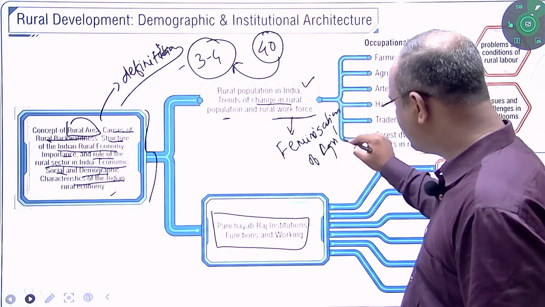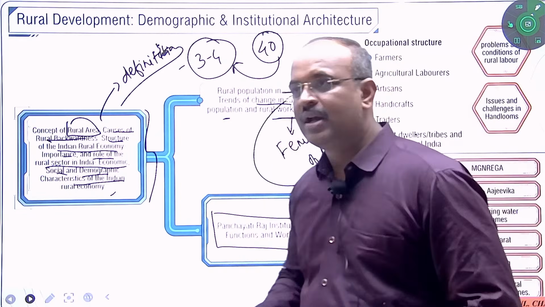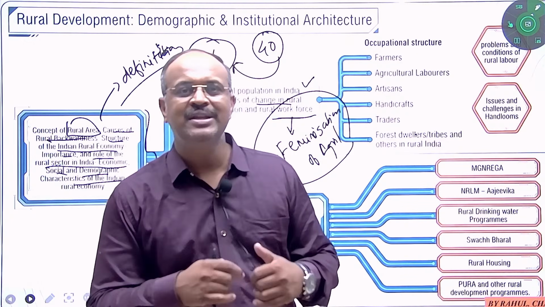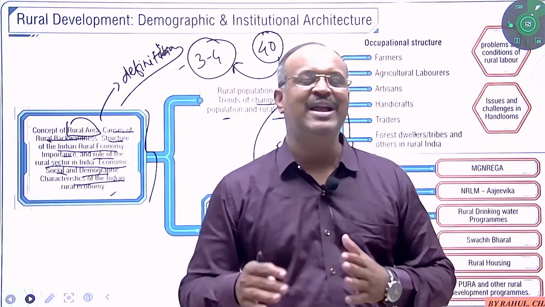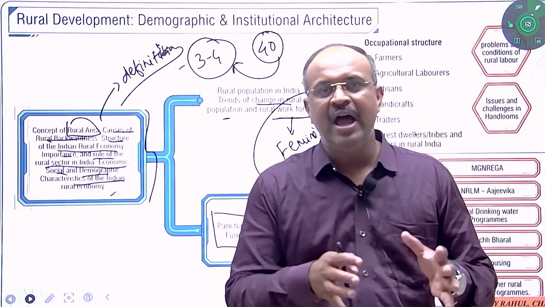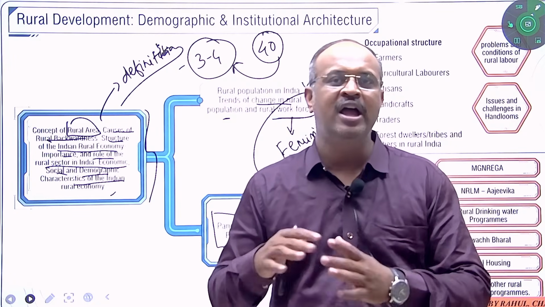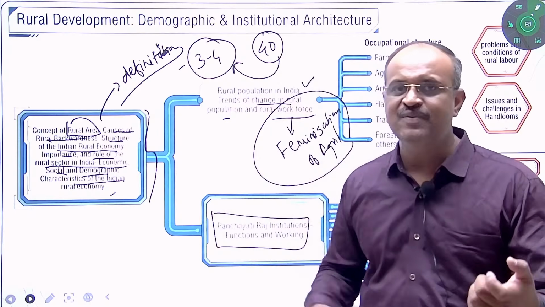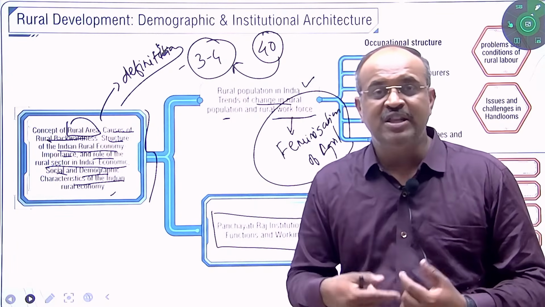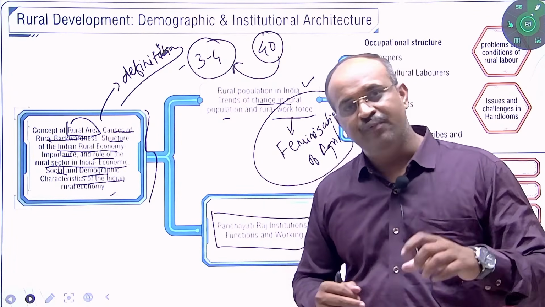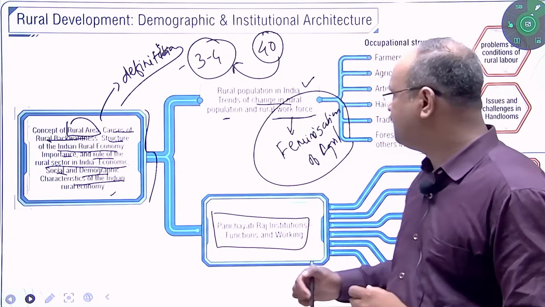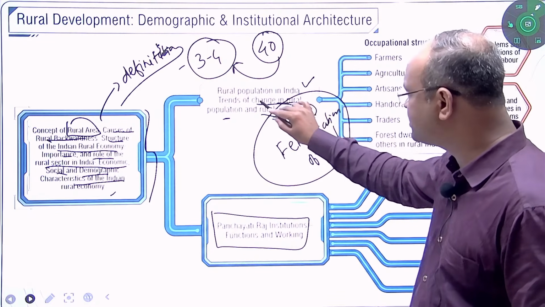Basically, the male population is reducing in rural areas because of migration, and the women are forced to go to agricultural activities, isn't it? So you need to understand the reasons for the feminization of agriculture and the problems associated with the female workers working in the agriculture field. That is the change in the rural workforce, remember.